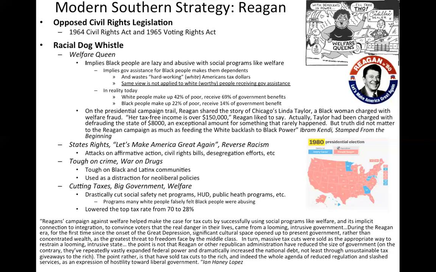He pushed the whole tough on crime, war on drugs. It was a made-up war on drugs to push the narrative that Black people were dangerous and had to be violently oppressed with law and order. In reality, Black people were not doing drugs any more than white people, but policing was heavily focused on Black communities.